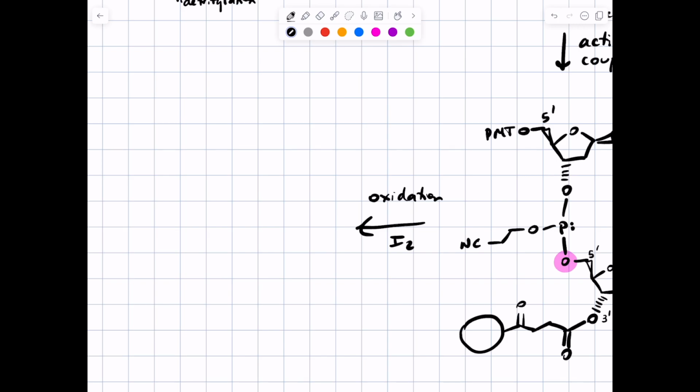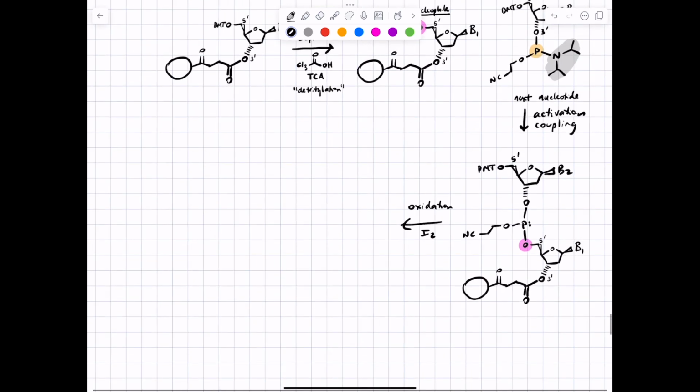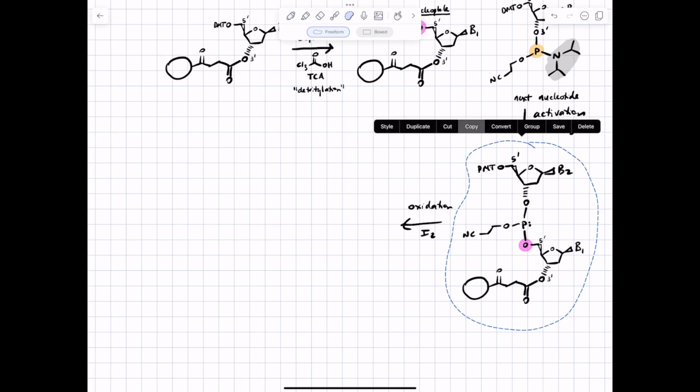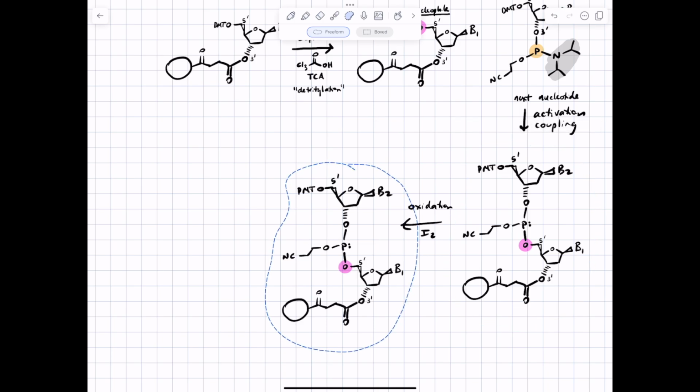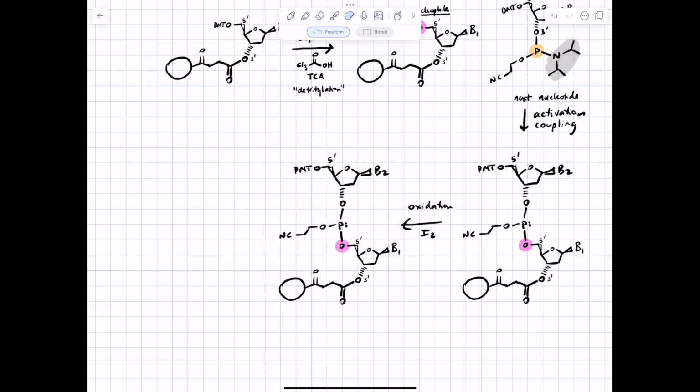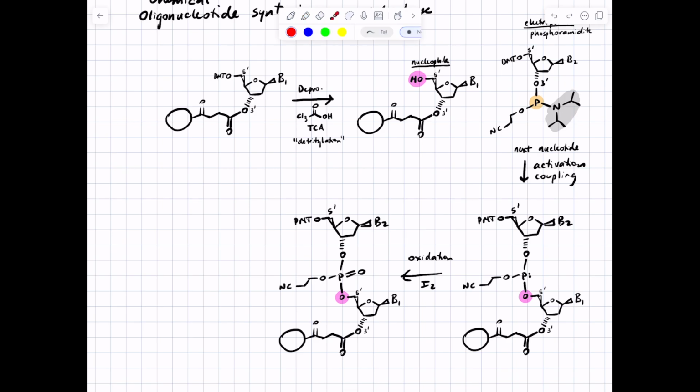This involves iodine and water, but it basically oxidizes the phosphorus up to the right oxidation state, putting another oxygen there. And so we've made a new bond between the 5' hydroxyl of our resin-bound nucleotide and the phosphorus of our next nucleotide.